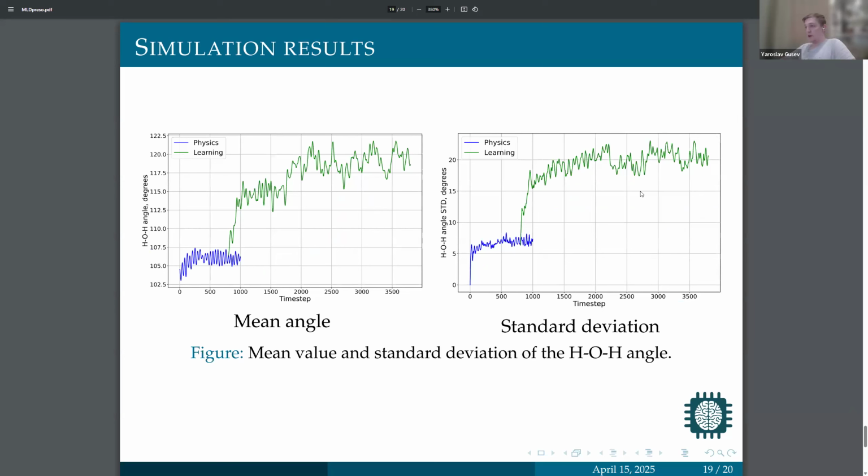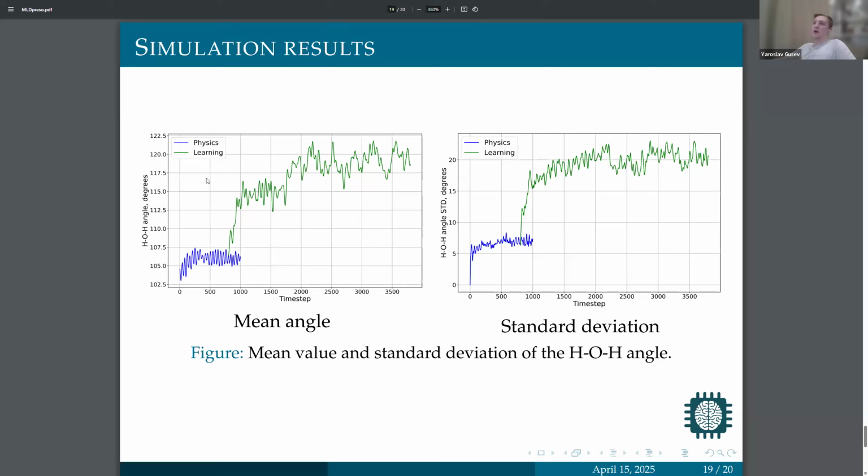Okay, and finally there are these results about the angle in the molecule. In the physics simulation, the angle in a water molecule is about 105 degrees. Because we already saw that there was a growth of kinetic energy, for water at room temperature it would be lower, but still it's about 105 degrees. For our simulation it's larger, but maybe not by so much.